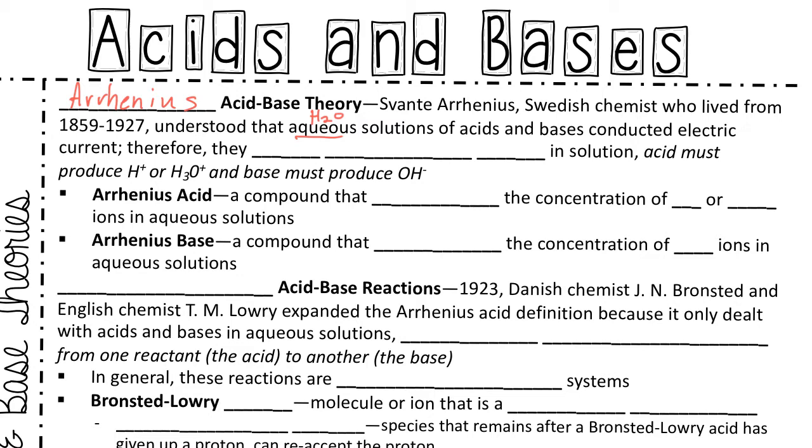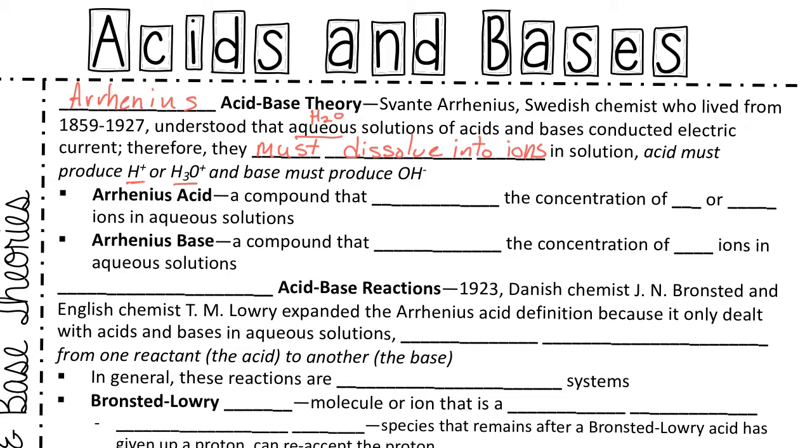Therefore, when they break apart, they must dissolve into ions, those charged particles, in solution. An acid produces H plus or H3O plus ions, and a base produces OH negative ions.